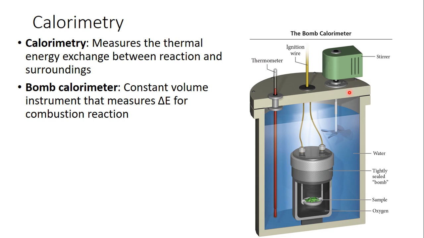And so this is a calorimeter. Calorimetry is basically just measuring thermal energy exchange. And a bomb calorimeter is what's pictured here. We have a sample, and you have oxygen, and you have some ignition wire surrounding water. You blow up your substance. You measure the change in temperature of water. We know the heat capacity of water.